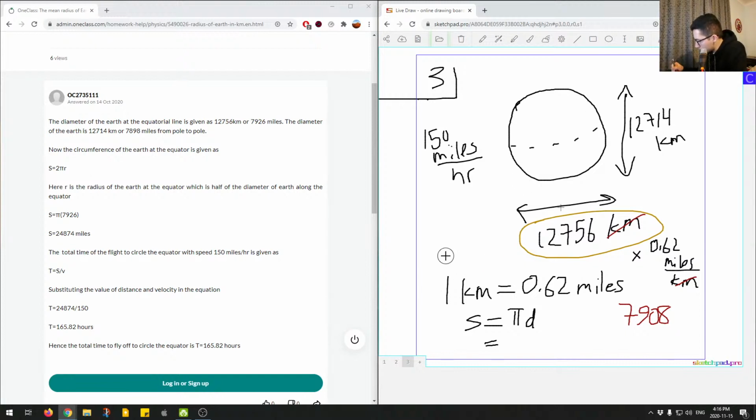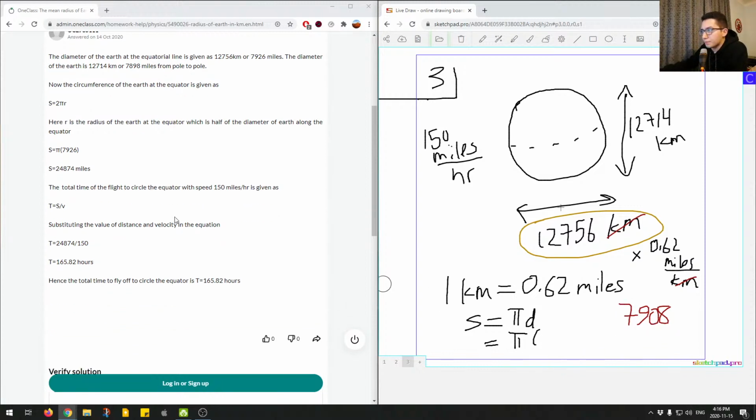So to do this, we would do pi times 12,756. Actually, no, we would not. We would use the miles, not the kilometers, because we want the answer in miles, so we can use this later on. So let's say pi times 7908.